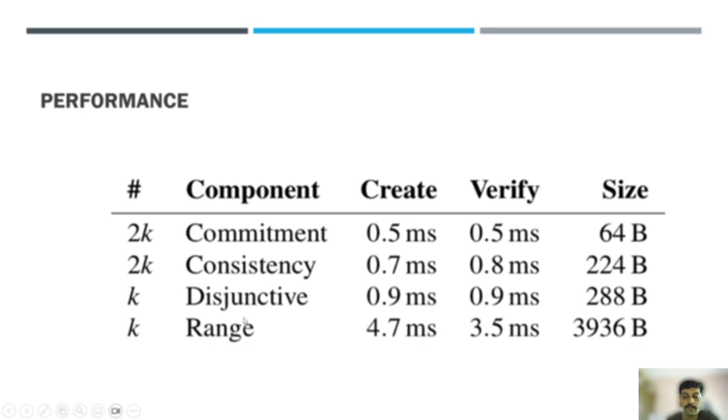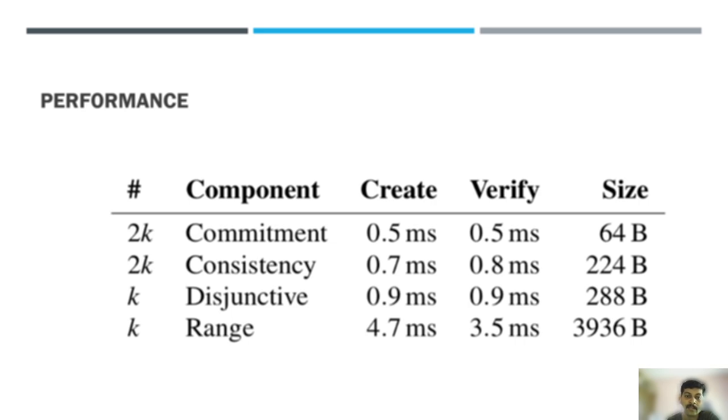When it comes to range proofs, it means that for a particular transaction, the value should not go beyond the range of 0 to n minus 1, and for that you need to generate a range proof.